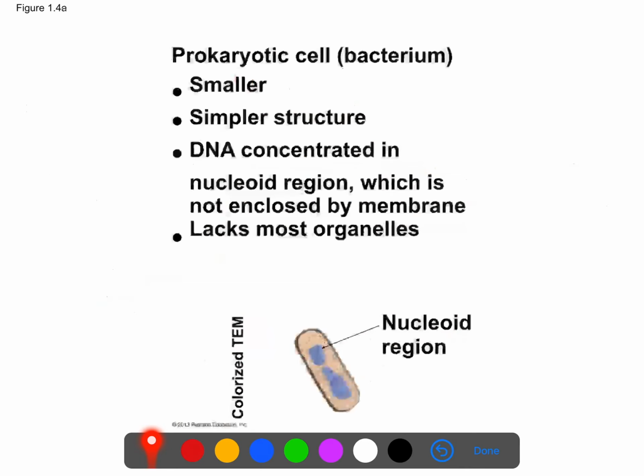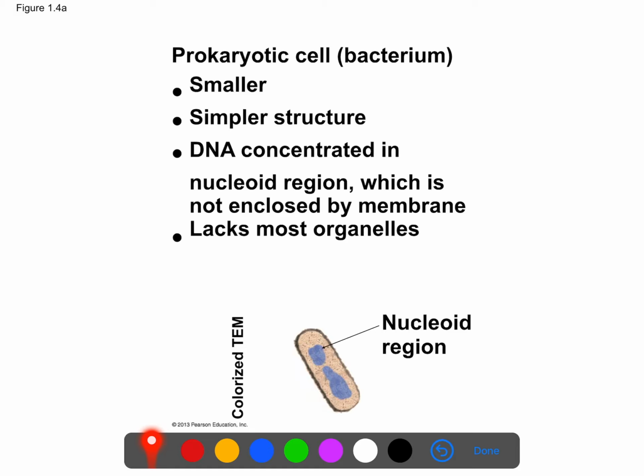Prokaryotes, usually smaller, simpler. DNA is going to be concentrated in what's called a nucleoid region, which is not separated by a wall or a membrane from the rest of the bacteria, but it is definitely an organized region. The DNA doesn't just spill everywhere at once.